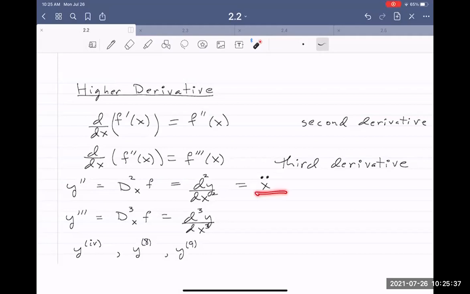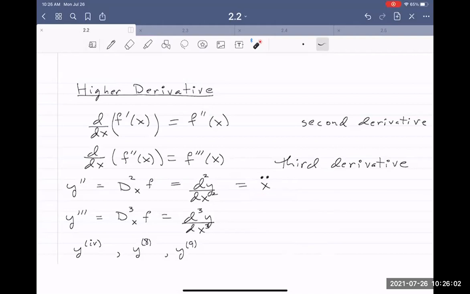When I have x as a function of t, I write the derivative in this fashion. So if x is a function of t, and I want to find the derivative, I put a little dot above it. And so that's why I said x double dot.